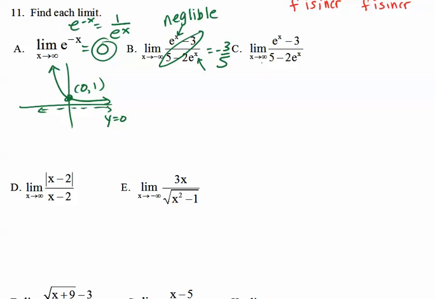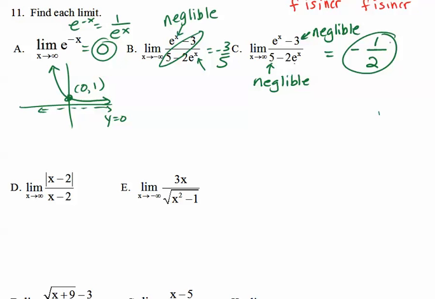And our limit as x goes to infinity on the positive side, when our exponents are positive and large, those terms get huge, so it is these other two terms that become negligible in comparison. They're still there, of course, but when we have e to the billion over negative 2e to the billion, that is going to be very close to negative 1/2.